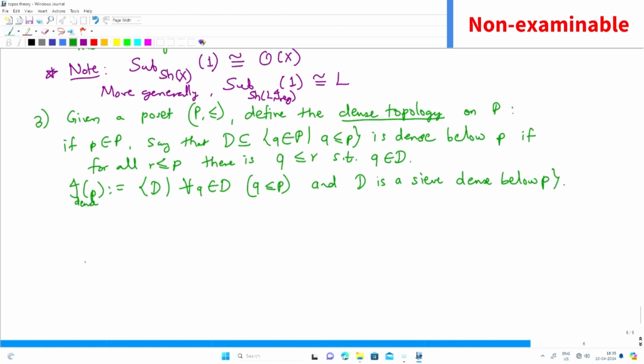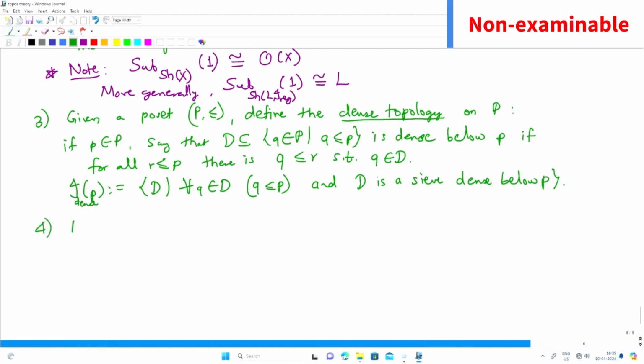Paul Cohen actually used this particular topology for proving that the axiom of choice and the continuum hypothesis are independent from the rest of the axioms of Zermelo-Fraenkel set theory.